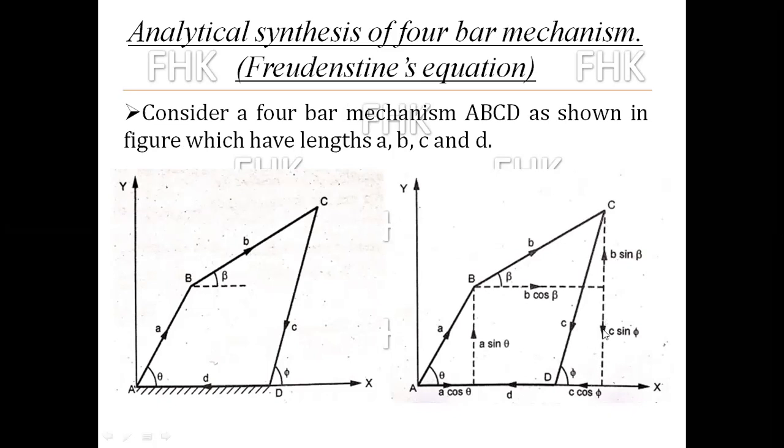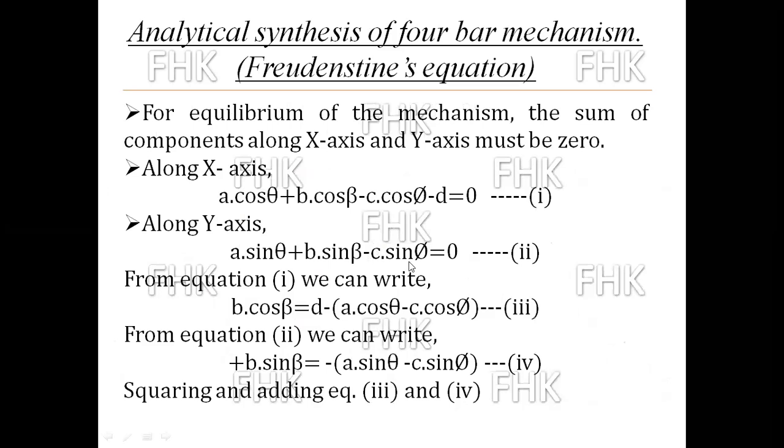Why? It is going downward, so I will take minus c sin phi, and the vertical component of d is none, so it will become 0. So a sin theta plus b sin beta minus c sin phi is equal to 0.